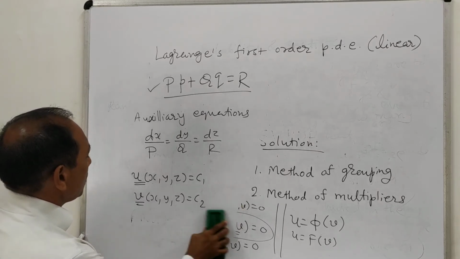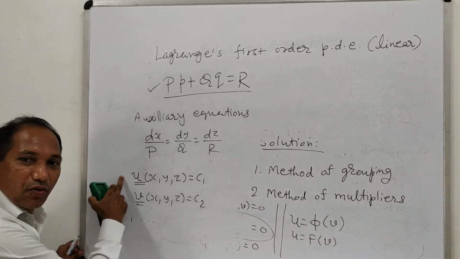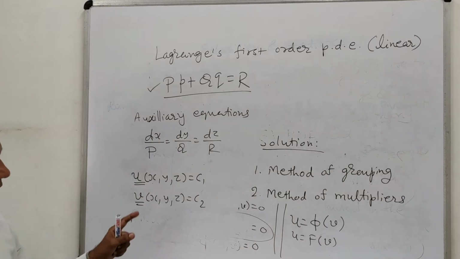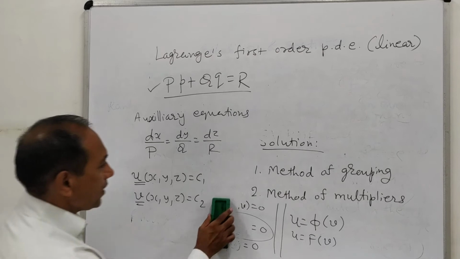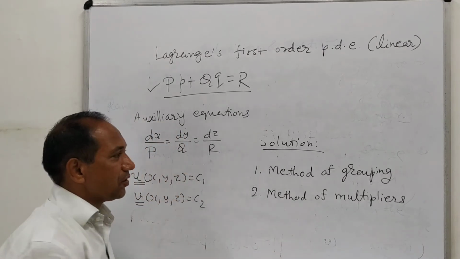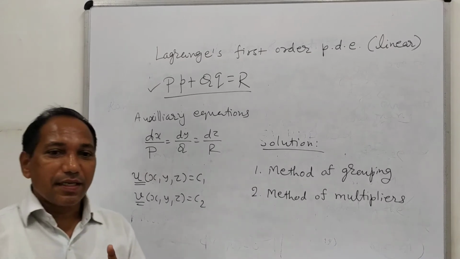As I told you, the main target is to find the 2 different solutions u and v. To find u and v, we will make use of these 2 methods, method of grouping and method of multipliers.